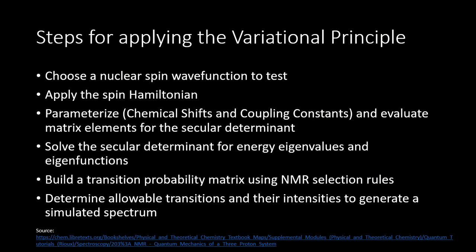Next we'll be applying the spin Hamiltonian, taking into account the magnetic properties, and parameterizing, which is taking logical guesses at values for the expected chemical shifts and coupling constants between those various nuclei, and then evaluating the matrix elements for their secular determinant.